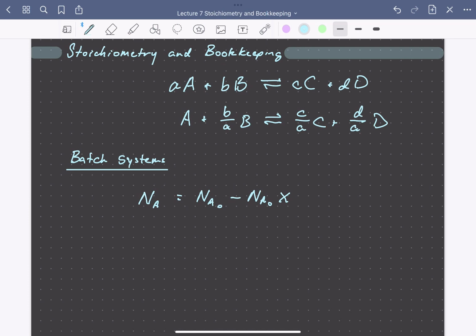So for any other species other than A, we can write the number of moles at any time just based on the reaction stoichiometry. So the number of moles at any time is just going to be how many we initially feed minus how many react. So if we want to describe, for example, for B, how many moles react, we can do this quite simply using the conversion of A and the reaction stoichiometry.